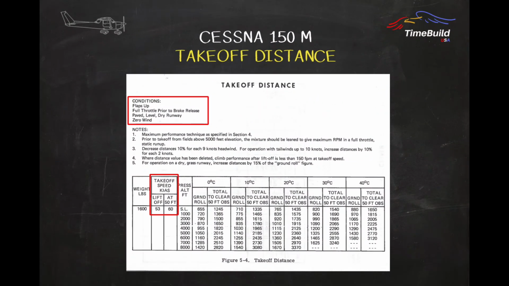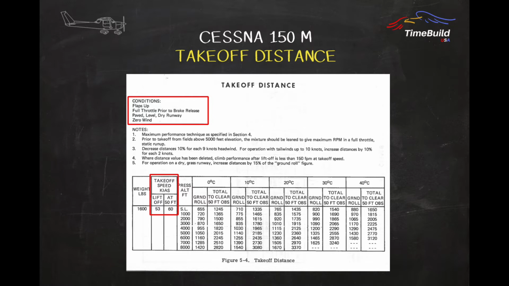As with any table or chart, always read and understand the conditions and notes. In this case, the takeoff data is based on the following conditions. Number 1, flaps retracted. Number 2, use of all available runway and full throttle application prior to brake release, as you would do for a typical short field.